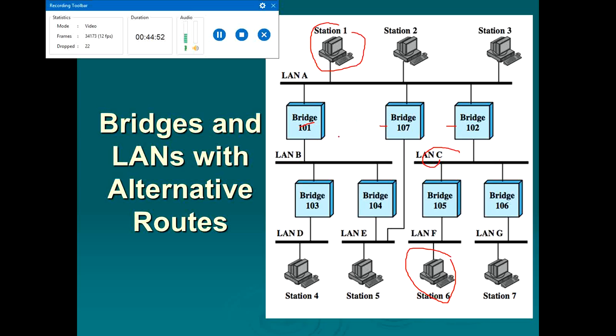That means they must have some routing decision or routing table. If the bridge is attached to 2 or more networks, then it must decide whether or not to forward the frame, and if it wants to transmit, on which LAN the frame should be transmitted.